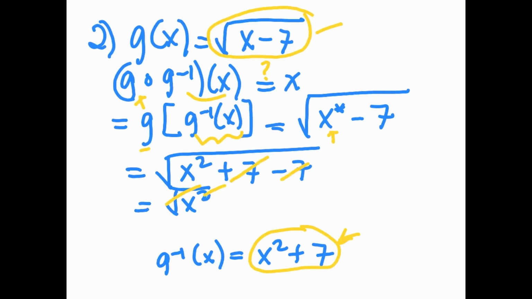So we have successfully shown that this composition of functions is equal to this variable x. Thereby, we're saying that this is the correct expression for this g inverse, right?